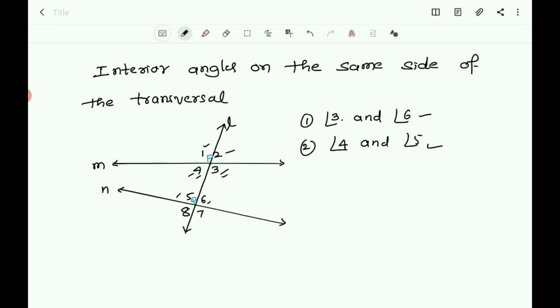Interior angles on the same side of the transversal are also referred to as consecutive interior angles, or allied angles, or co-interior angles.